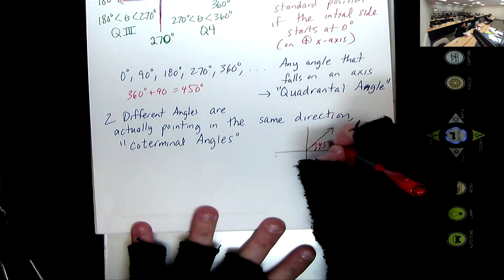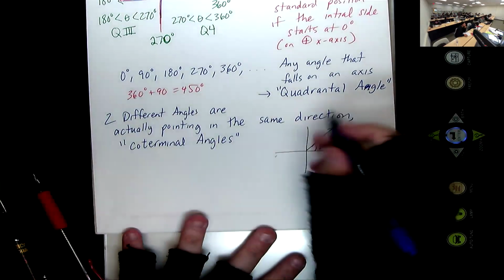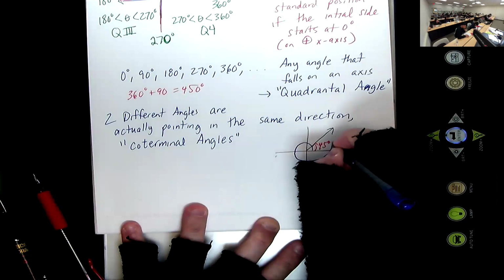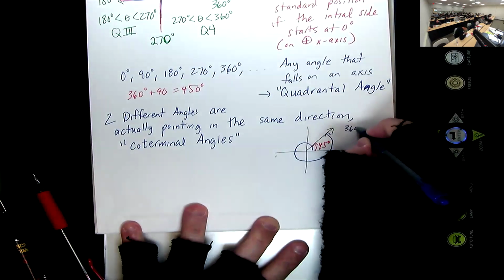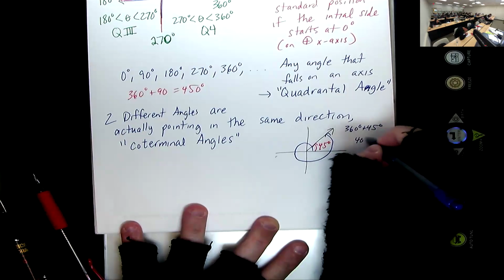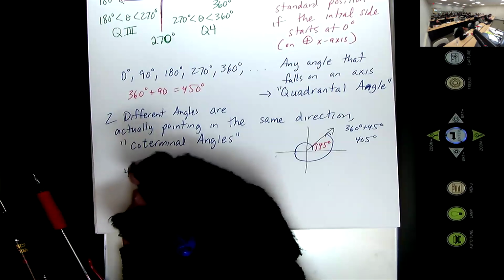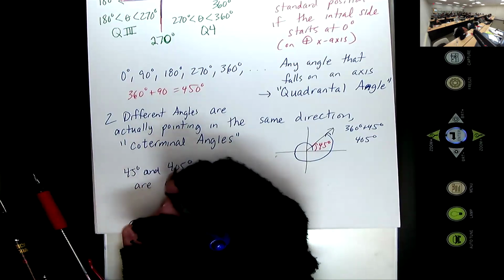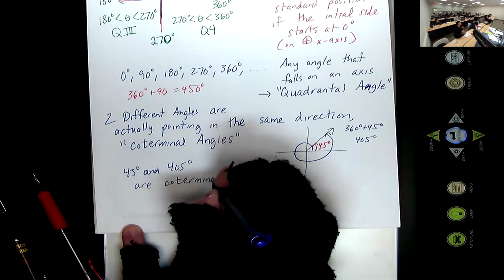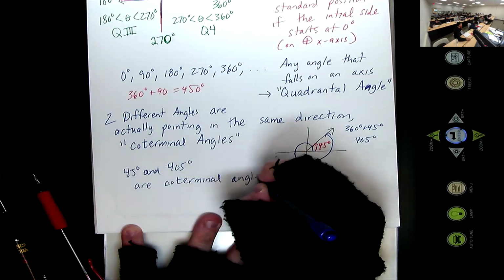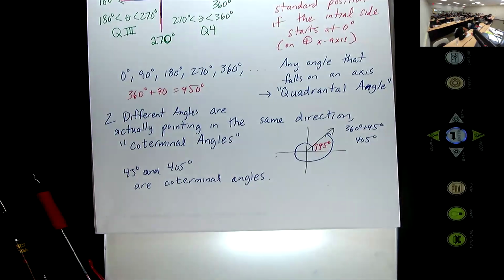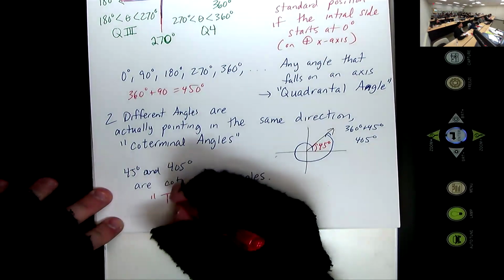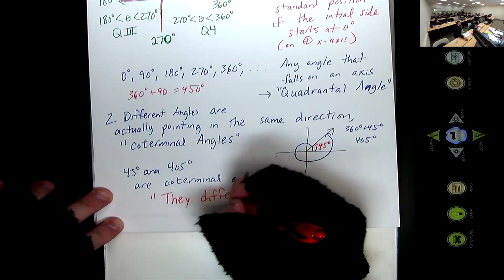I could get to that once by just doing 45 degrees, or I could go all the way around and this would be 360 plus 45, is 405 degrees. 45 degrees and 405 degrees are coterminal angles. So they differ by 360 degrees or a multiple of 360 degrees.